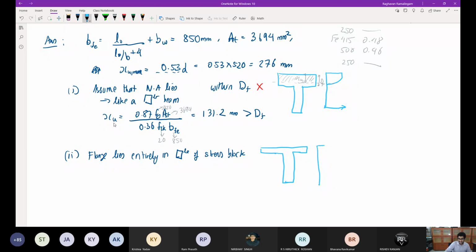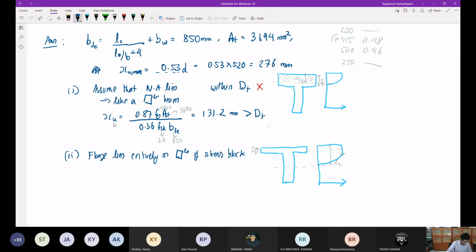So this lies entirely within the rectangle. This part is a rectangle, the neutral axis is here, and only from here the parabola starts. This is XU. This is DF.